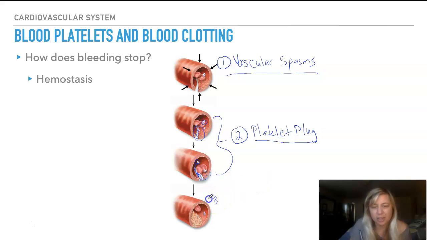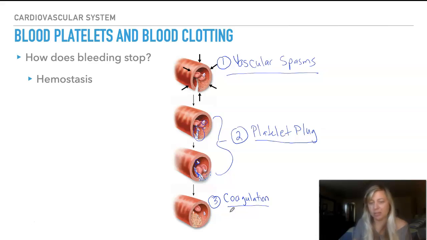And then the third step of the stopping of bleeding, of hemostasis, is the actual coagulation. So coagulation involves clotting factors. Within the blood plasma, there are going to be clotting factors, and we'll take a look at them in more depth in a few minutes here.